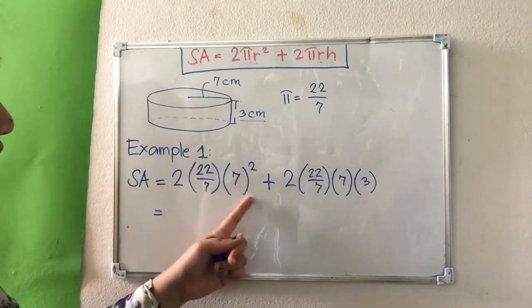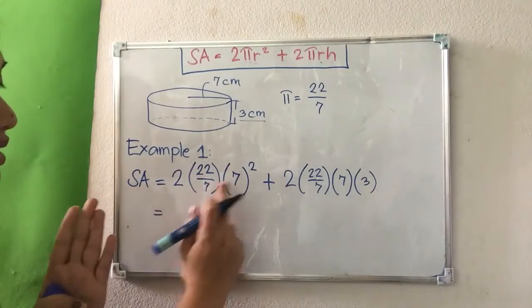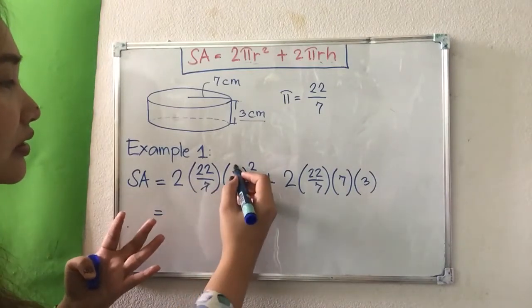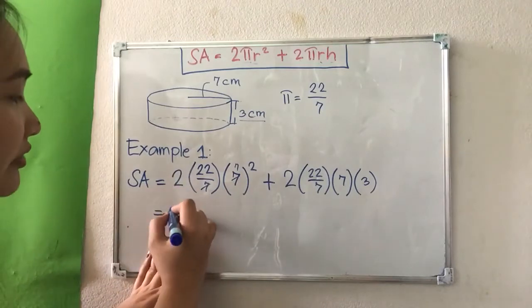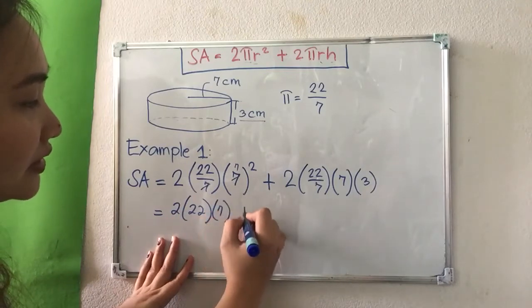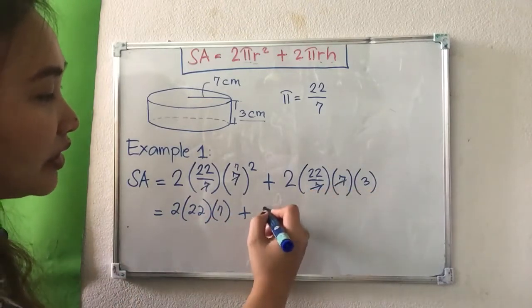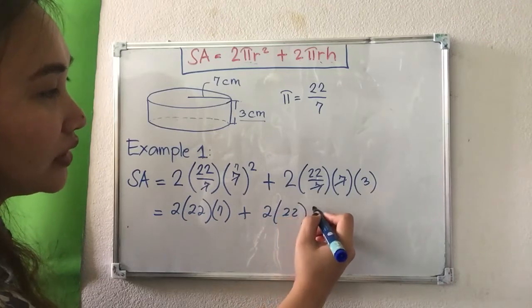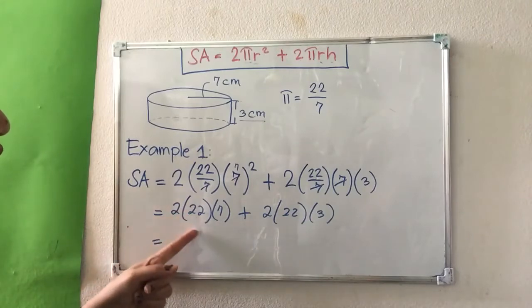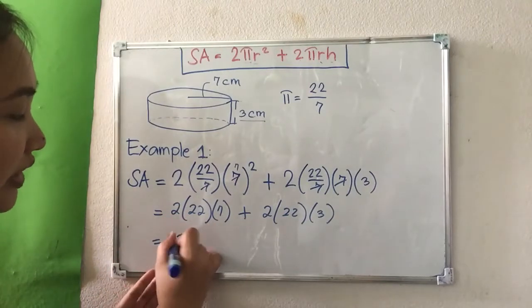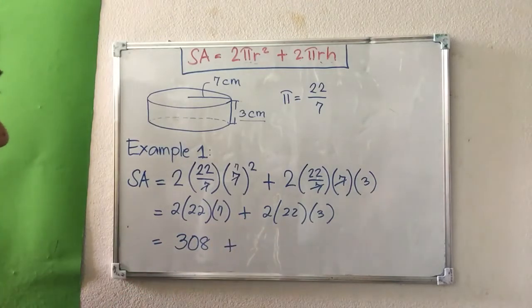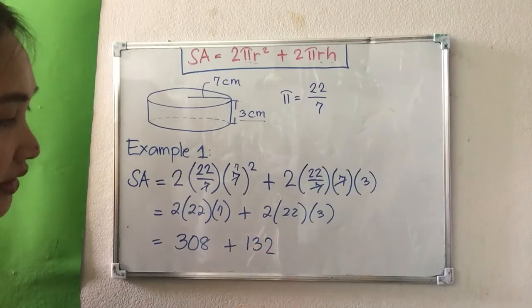Let's simplify this one. In this equation now it's very easy, because this is 7 and 7, we can use the cancellation method. So that will be 7. We have 2 times 22 times 7, plus, the same, 2 times 22 times 3. 2 times 22 is 44, times 7 is equal to 308, plus 44 times 3 is equal to 132.